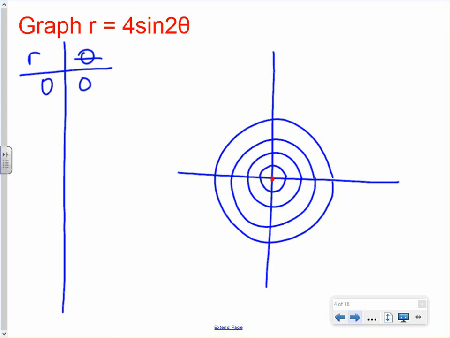Okay. If theta is pi over 6, what is the r value? 4, right? That's just 4. Radical 3?